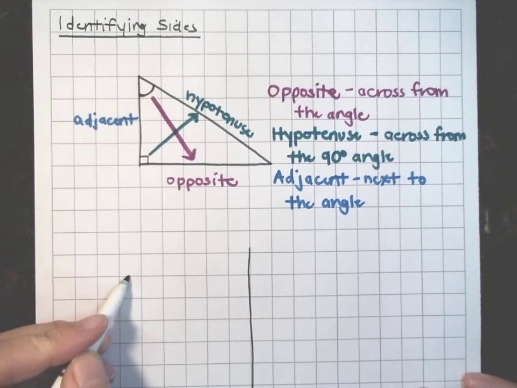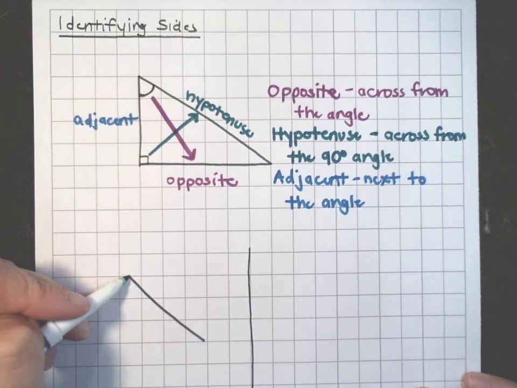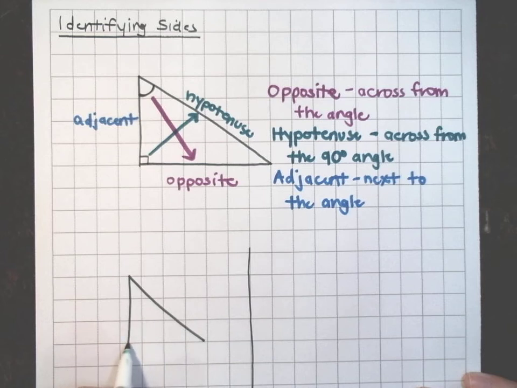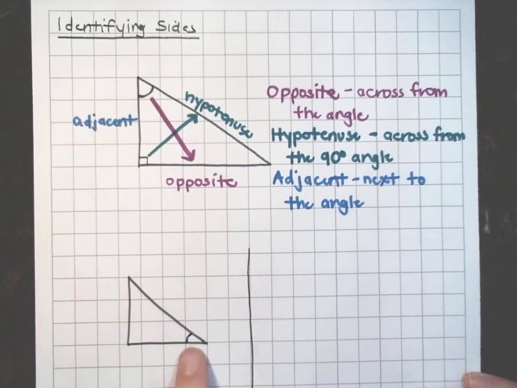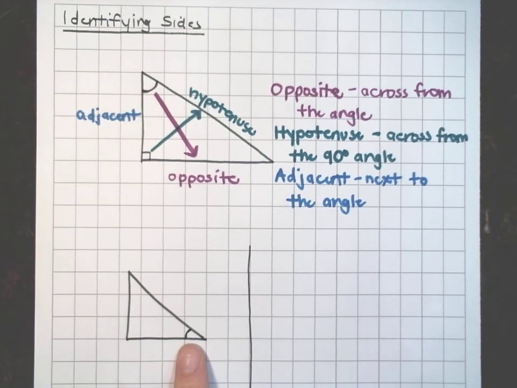Let's say we have this triangle. We're going to be referencing the sides in regard to this angle here. We have to have a right triangle. And so we are just trying to identify the opposite, the hypotenuse, and the adjacent side.